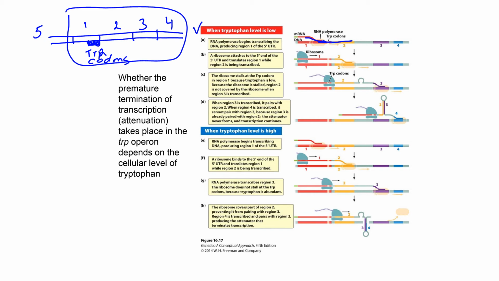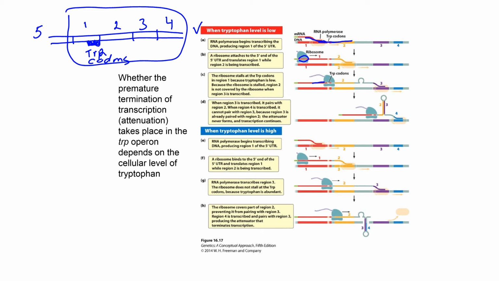Now, there is one thing I want to bring your attention to. UTRs are untranslated regions, so UTRs normally do not encode proteins. However, the TRP operon is an exception again.